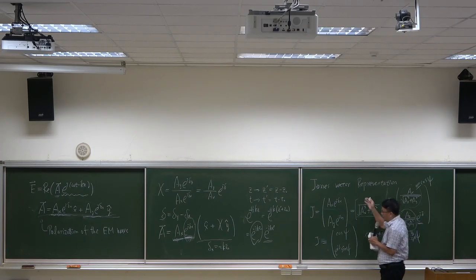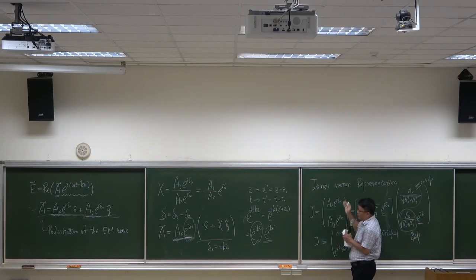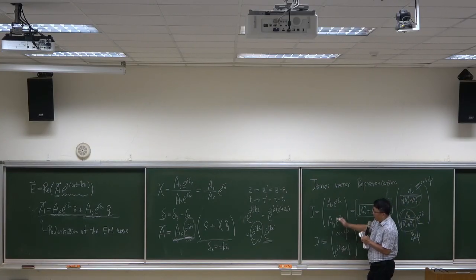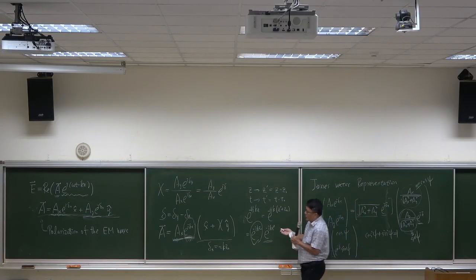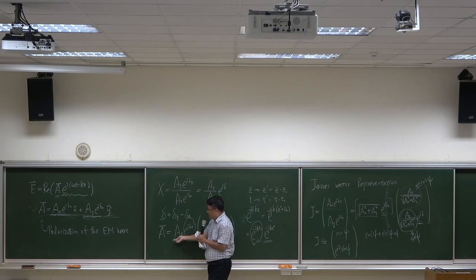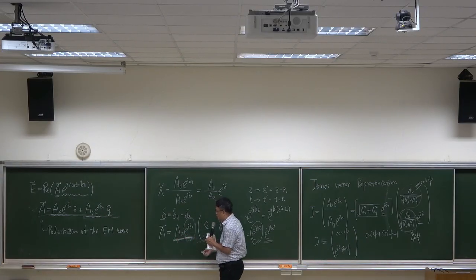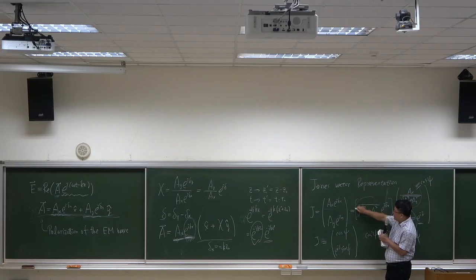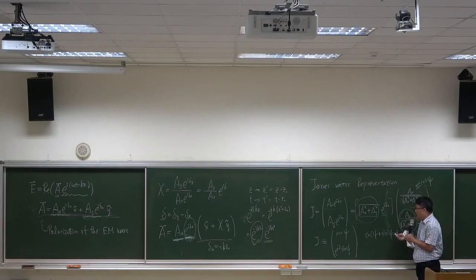This kind of representation is called the Jones vector representation. In this normalized form, we know that the amplitude A_x is not important. Or we can say that this part is not important. And this phase I have already explained.